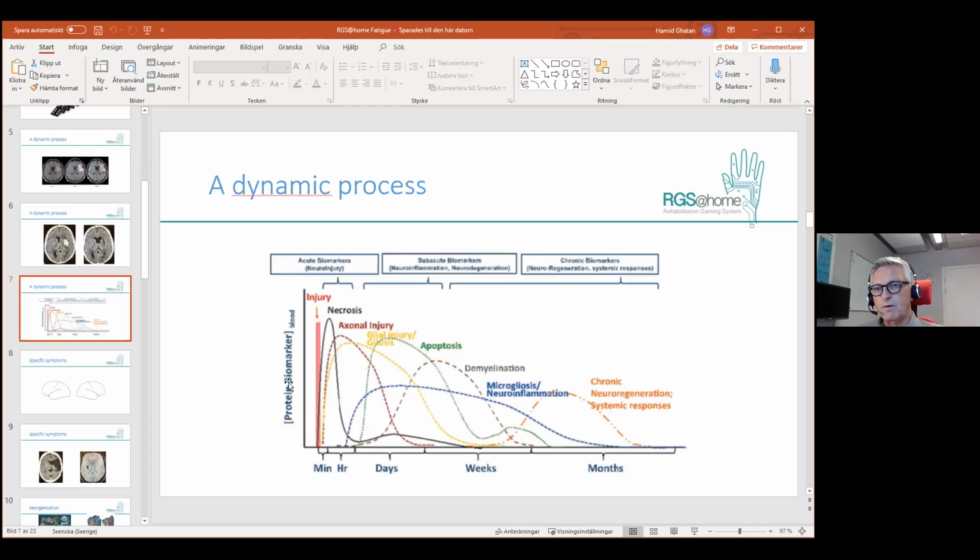Because the problem with rehabilitation in the subacute phase has been that it's very difficult to have a control group that are not receiving stimulation. So the setup in using stimulation, but having the specific stimulation that is based on scientific theory compared to non-specific stimulation, that's the way to address these questions.